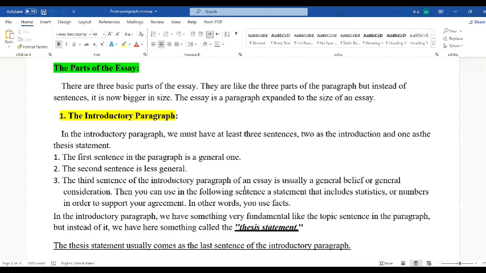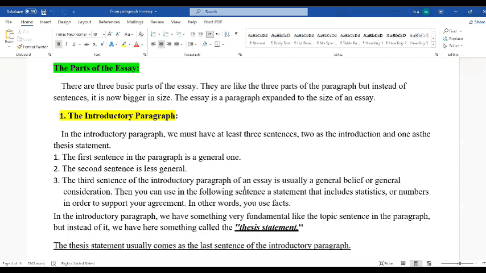And the 5th sentence, the last sentence in your introductory paragraph, will be the thesis statement. So the thesis statement is the last sentence in the introductory paragraph, and it is the most important, the most fundamental, the most crucial sentence in your essay.